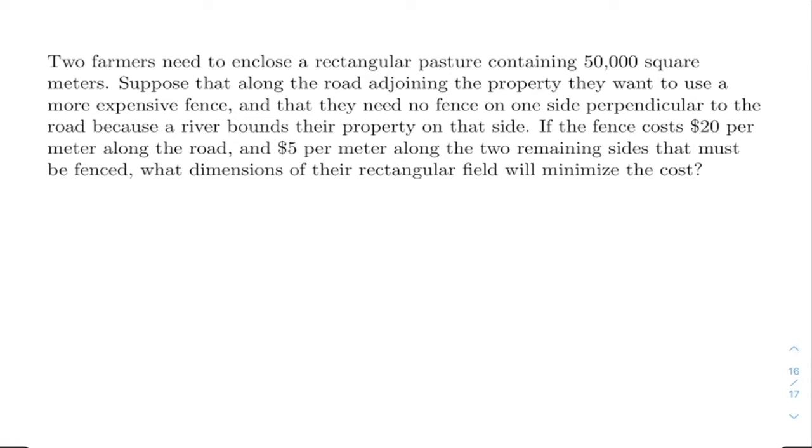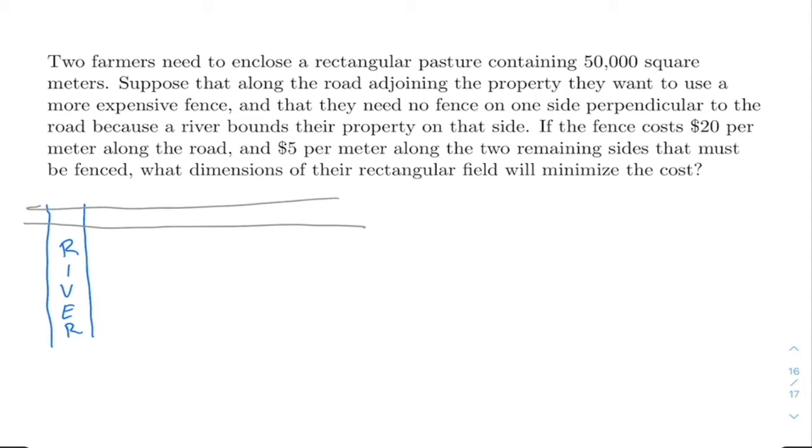To start this kind of problem, it's always recommended to draw a picture of the situation. So in this case, we're being told that there is a river and there is a road.